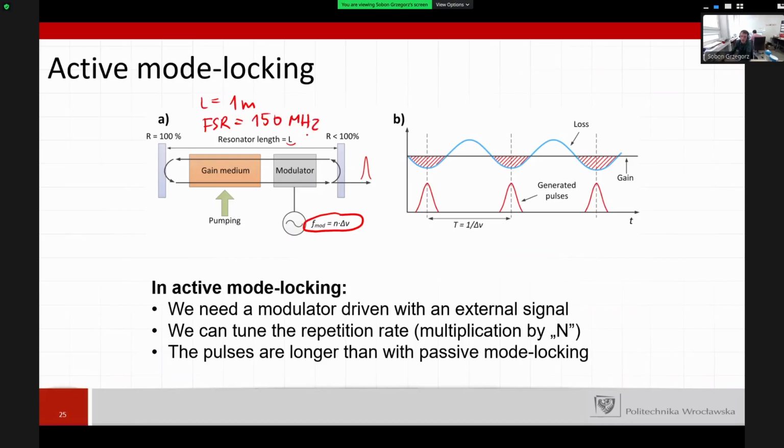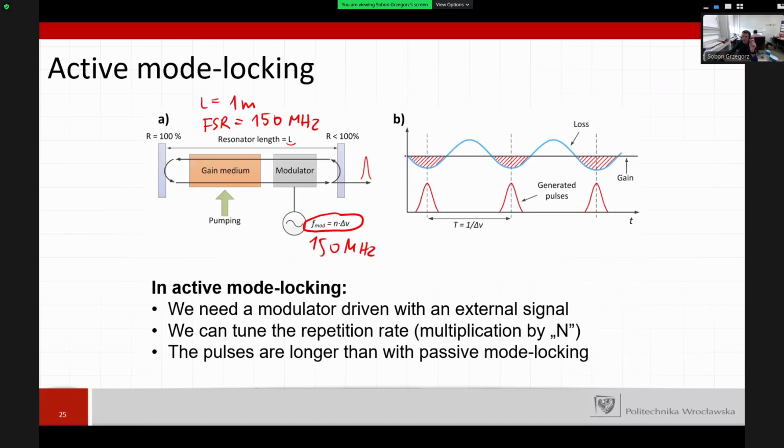So if I want to actively mode lock my laser, I need to insert a modulator. This might be an acousto-optic or electro-optic modulator. I think you already had the exercise in the laboratory with acousto-optic or electro-optic modulators. So I would need to drive this modulator with the frequency of 150 megahertz.